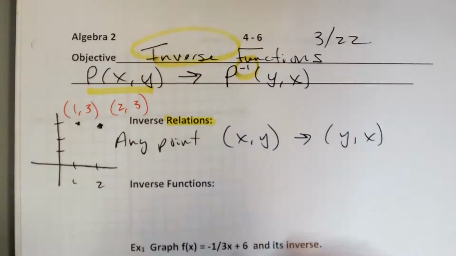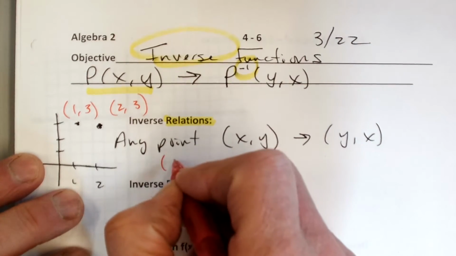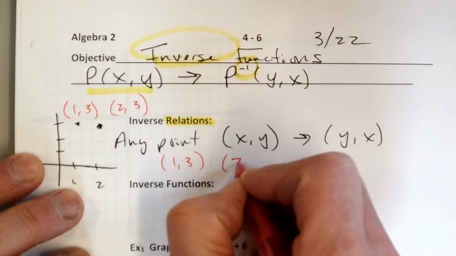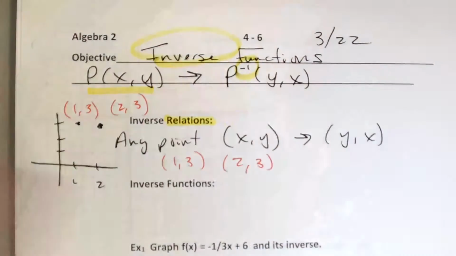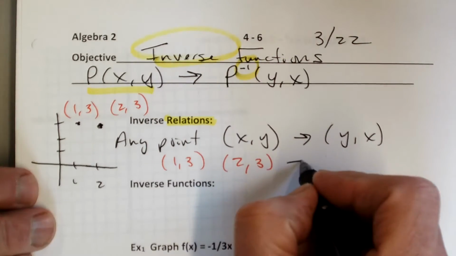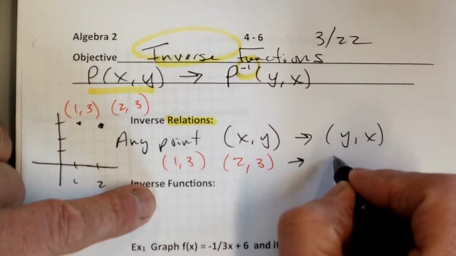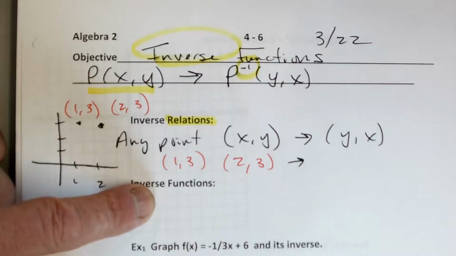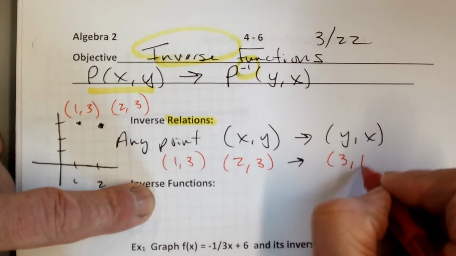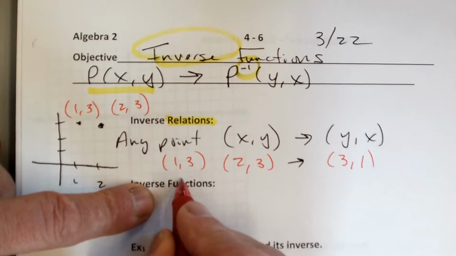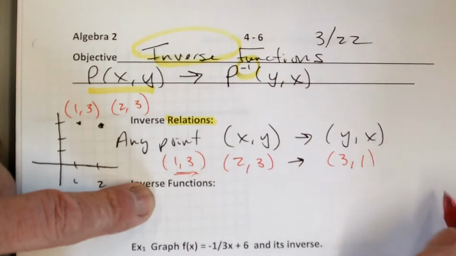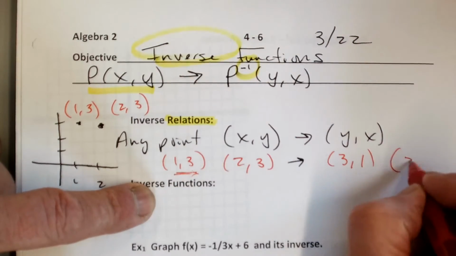So these are 2 points. And if I switch them, they become 3, 1. Just switched them. That's all I did, switched them. And it becomes 3, 2.